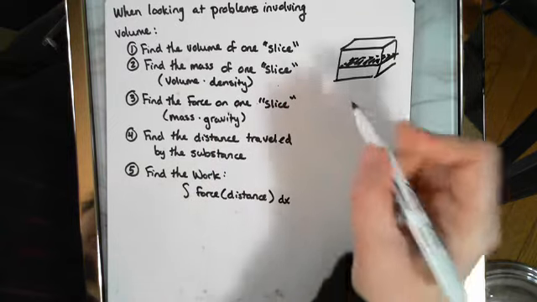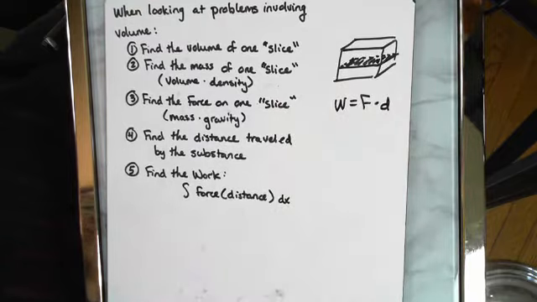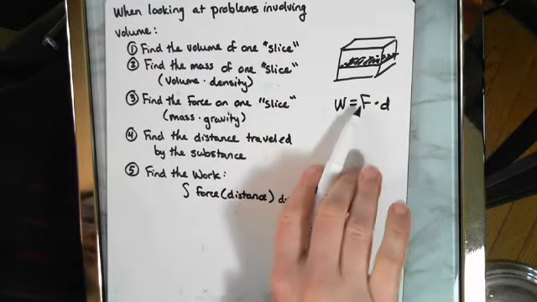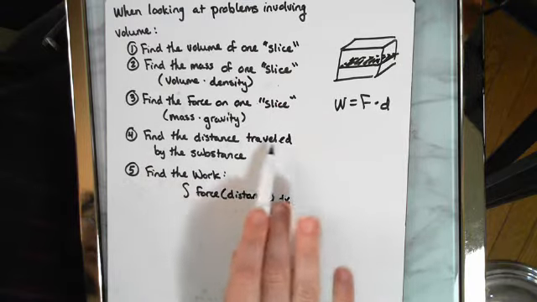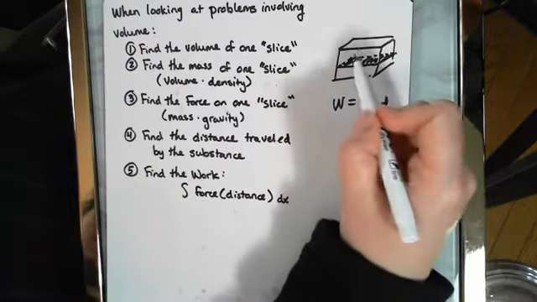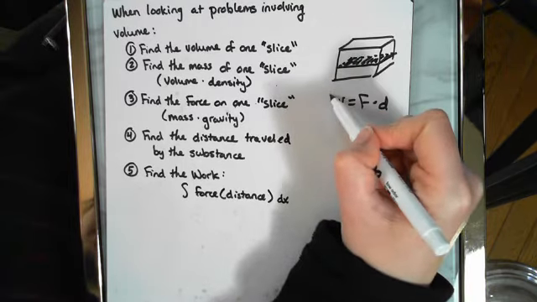But remember, work is force times distance. So we found the force now. Now we have to multiply by the distance. So we need to find the distance traveled by the substance. If I'm pumping it out the top, that's going to be different than if I'm pumping it out the bottom.